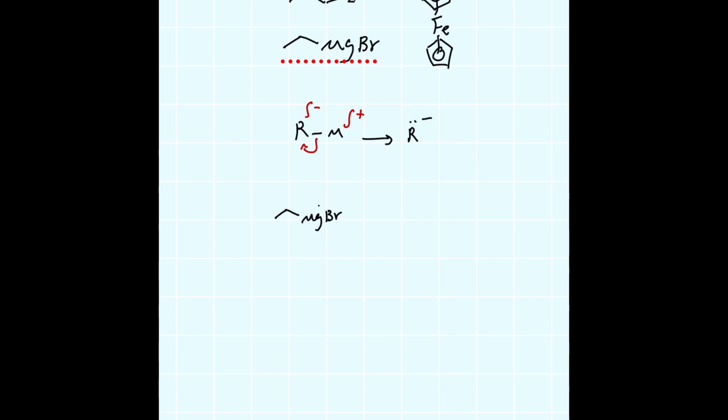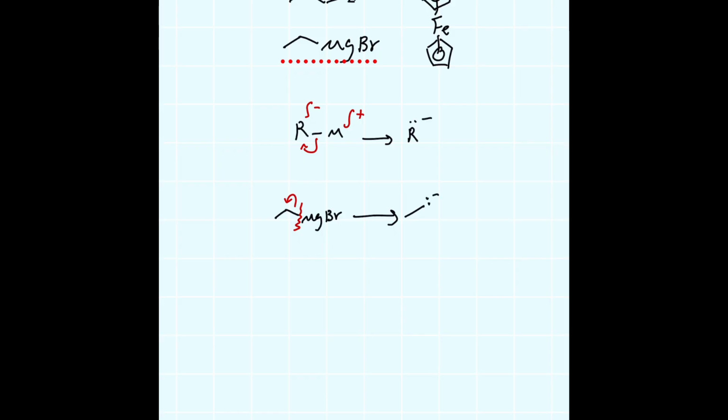The reason I'm using magnesium bromide is that magnesium has a +2 charge and needs two groups on either side that are connected to it. So this bond could break off and the electrons can get passed on to this carbon, and it could become a nucleophile.